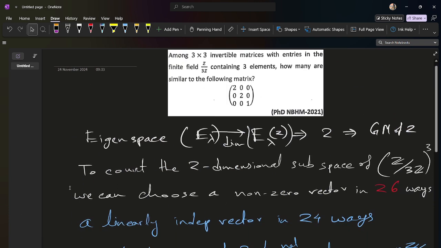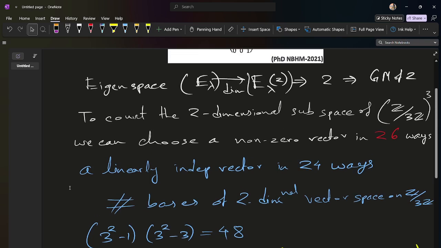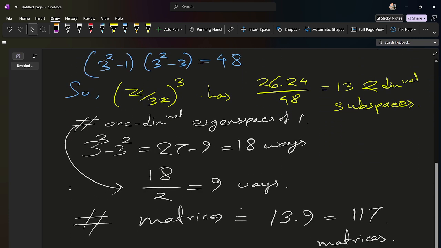They have asked how many are similar to the given matrix. So we found the two-dimensional subspaces, and there are 13. For the one-dimensional subspace, we chose one vector in 18 ways and divided by the number of non-zero elements of the one-dimensional vector space over Z mod 3Z, that is 2.